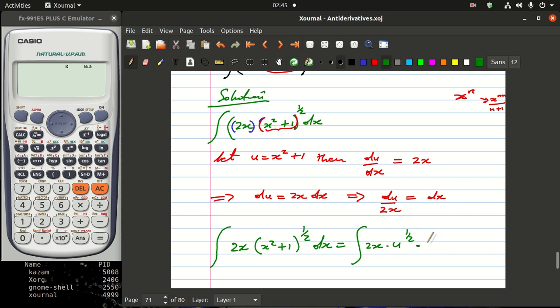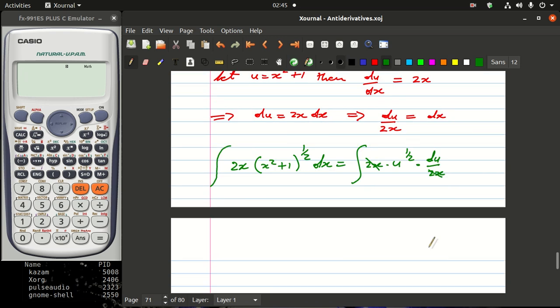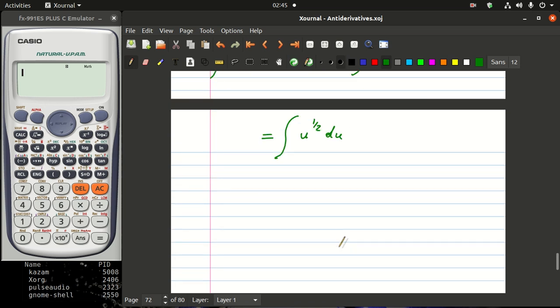My dx is going to be du divided by 2x. This 2x and that 2x cancel out, and now I am actually having u raised to 1 over 2 du. And now, what is the integral of this?